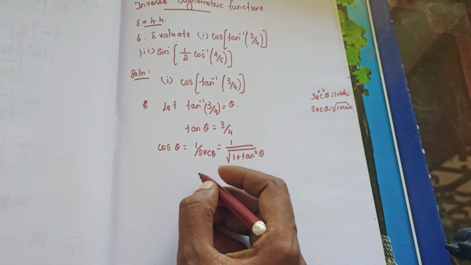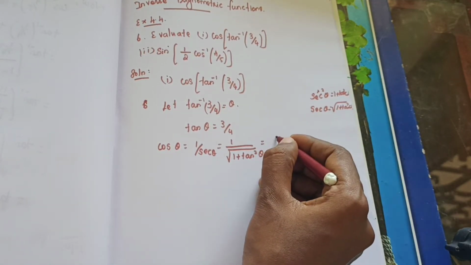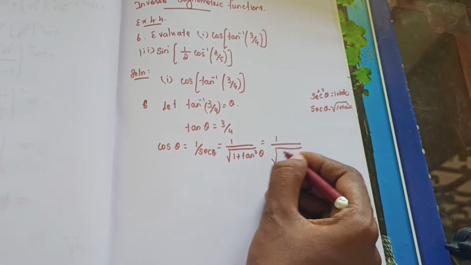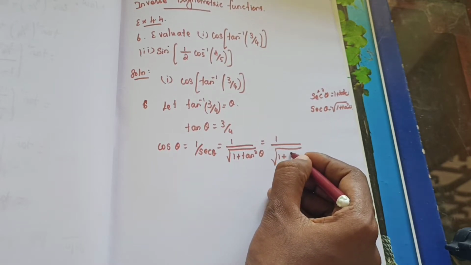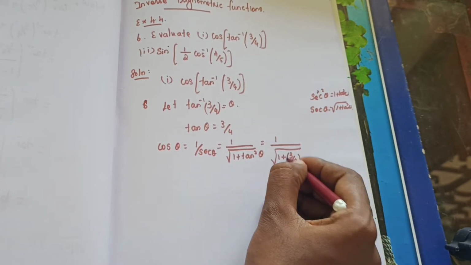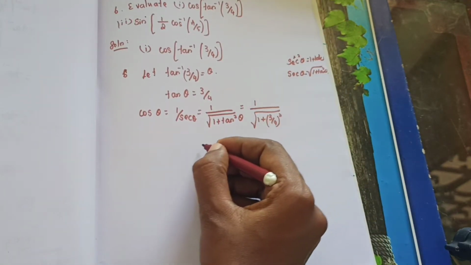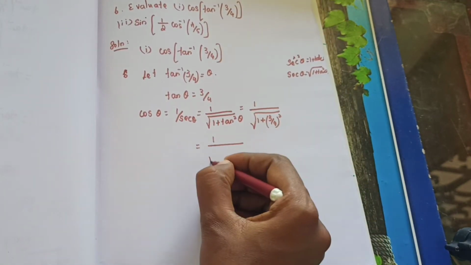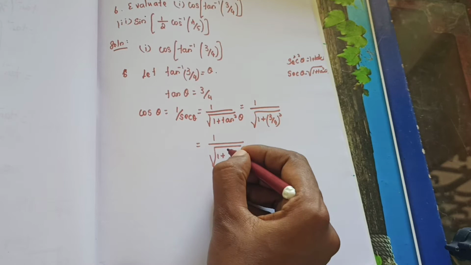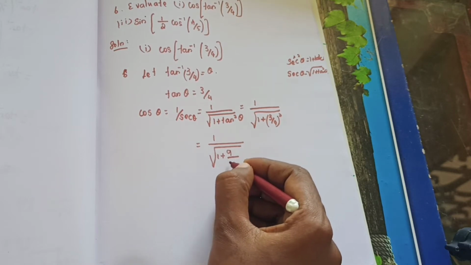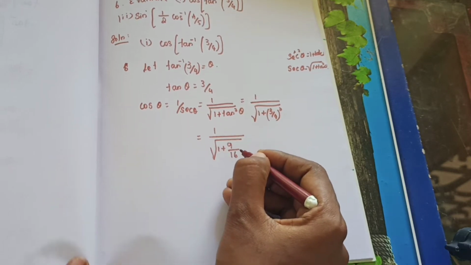So that's equal to 1 by square root of 1 plus tan square theta, meaning 3 by 4 the whole square. That's equal to 1 by square root of 1 plus 3 square, meaning 9, 4 square, meaning 16.